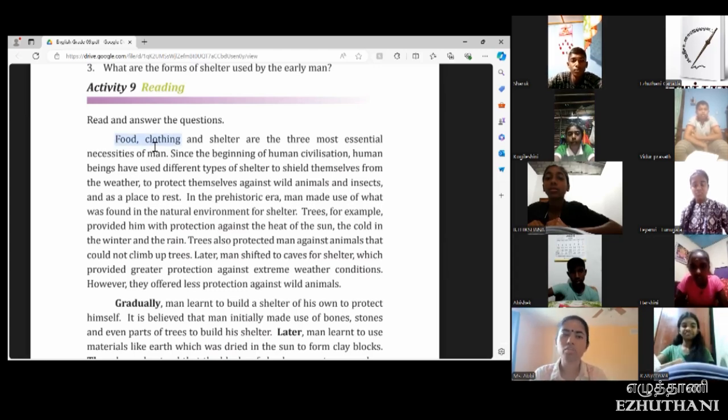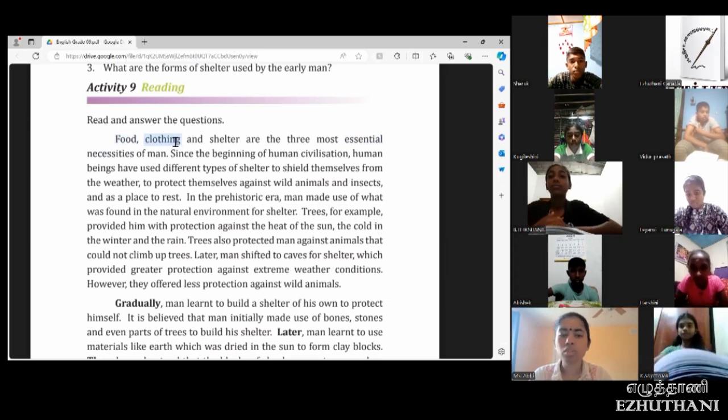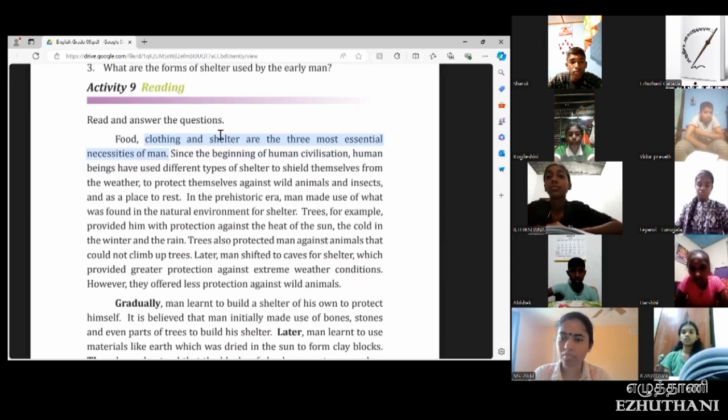So instead of saying food clothing and shelter together, you would say food, clothing, and shelter are the three most essential necessities of man. I'll read it again, okay? Food, clothing, and shelter are the three most essential necessities of man. Okay?